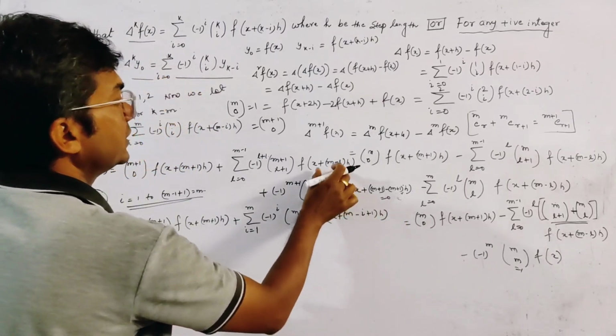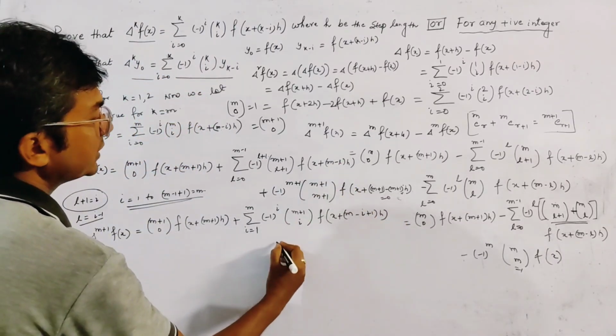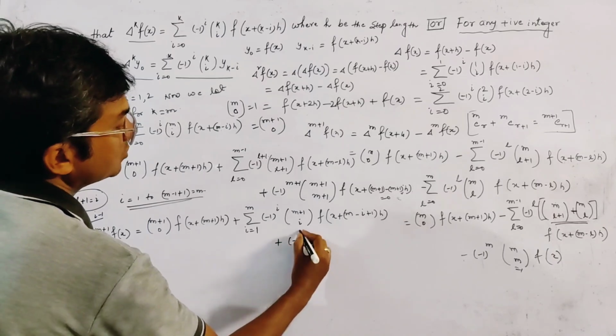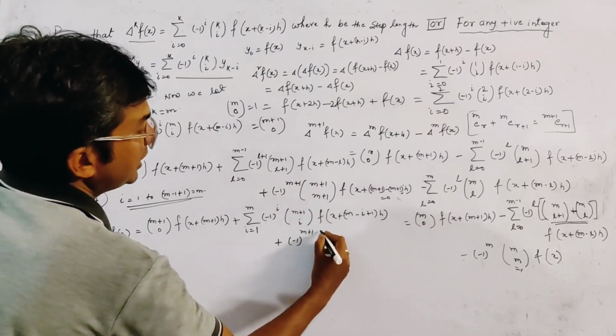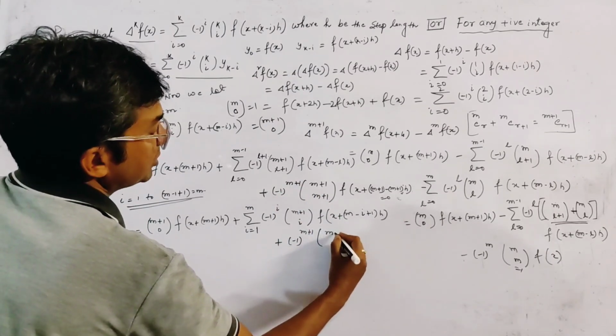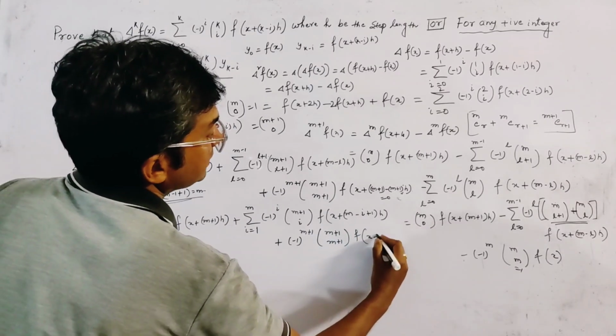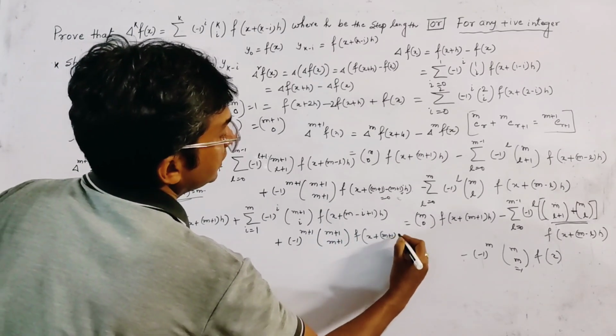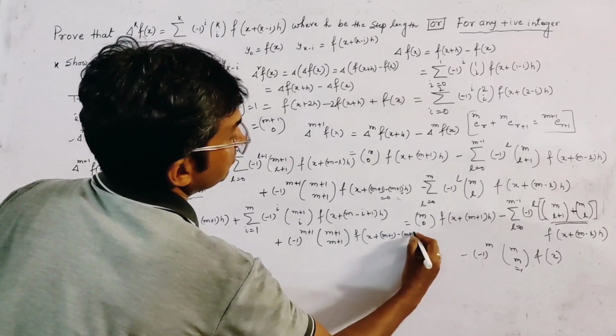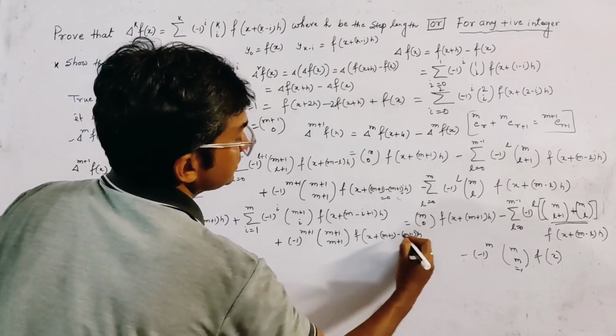This term becomes this. And the last term is minus 1 to the power m plus 1, similar to the previous line, m plus 1 c m plus 1, f of x plus m plus 1 minus m plus 1 into h.